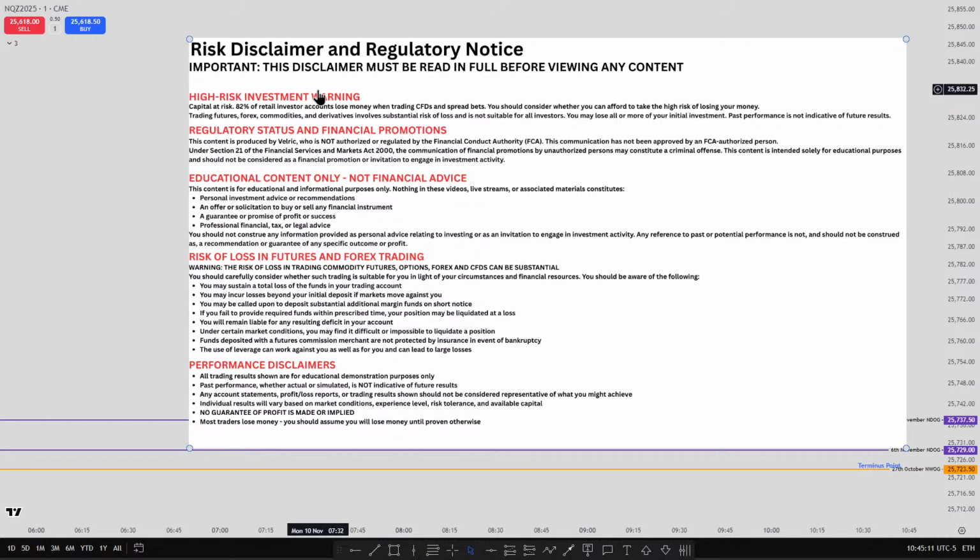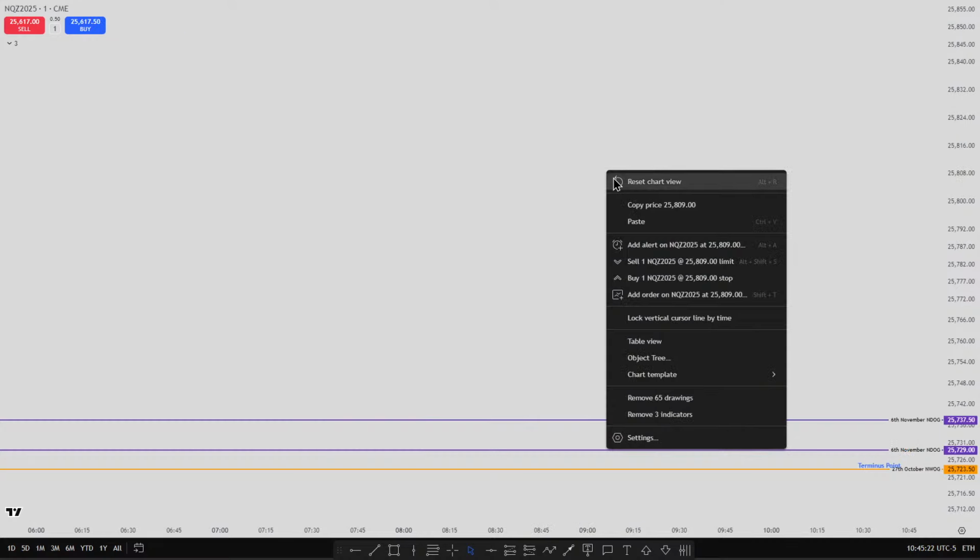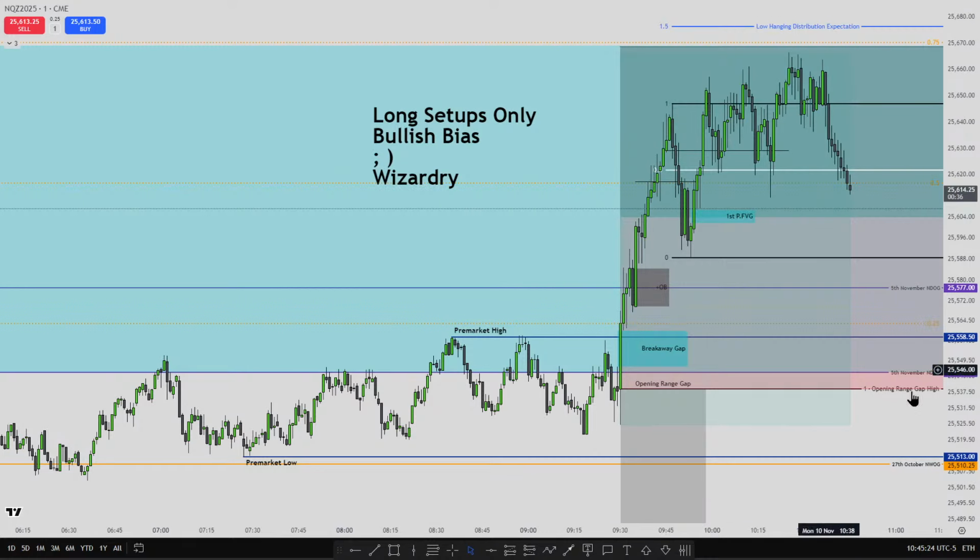High risk investment warning, regulatory status and financial promotions, educational content only, not financial advice, risk of loss in futures and forex, and performance disclaimers. And that's for the UK. So if you're in America, you can't copy that and expect it to work, because I'm adhering to FCA rules, which is the Financial Conduct Authority.